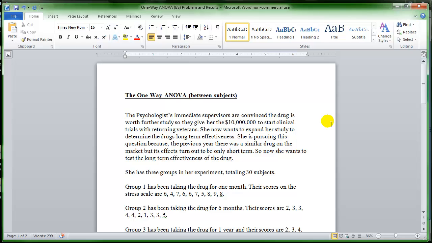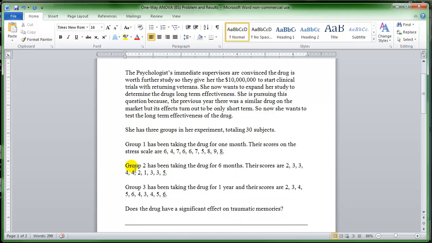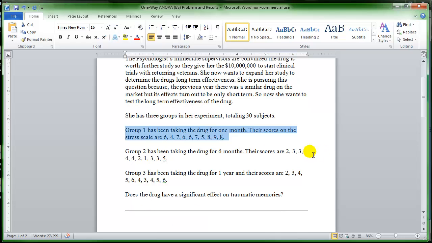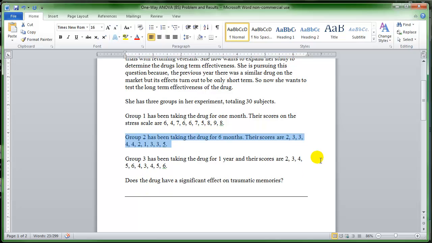So what she does is she's got 30 subjects here. Okay, we have group 1 who's been taking the drug for a month. We have group 2 who's been taking the drug for 6 months, and we have group 3 who's been taking the drug for 1 year. And the question remains the same: does the drug have a significant effect on traumatic memories? More specifically, what are the long-term effects of the drug?